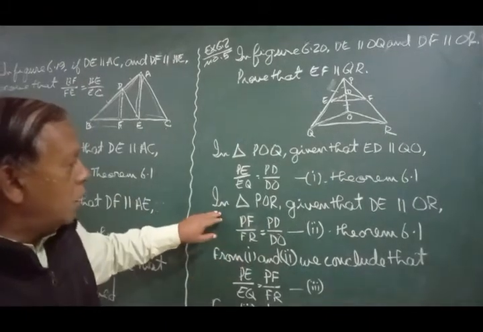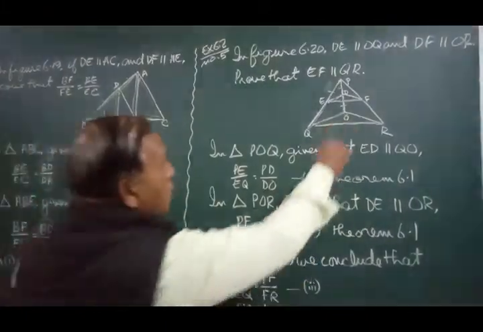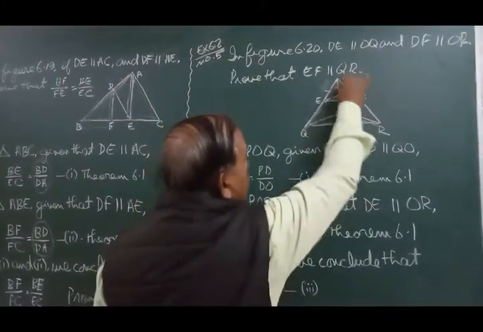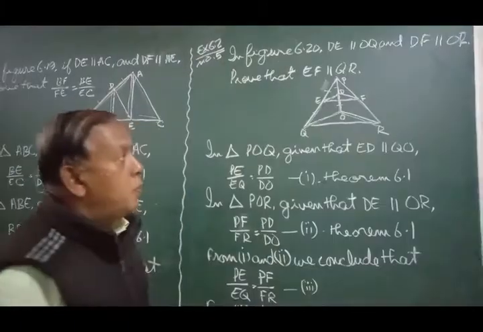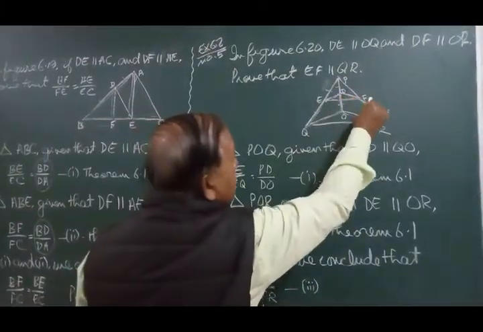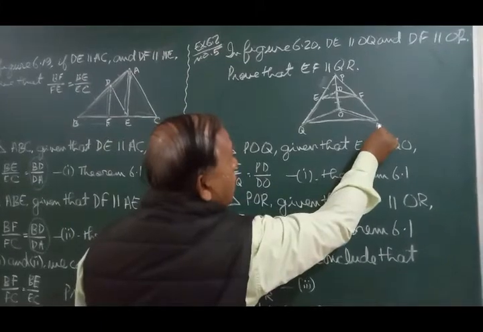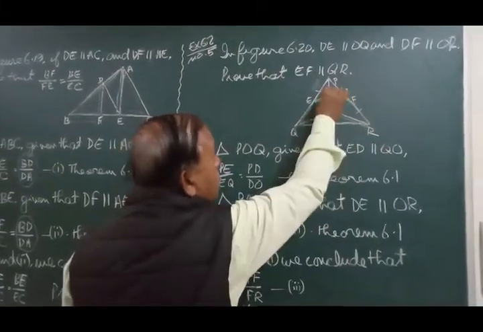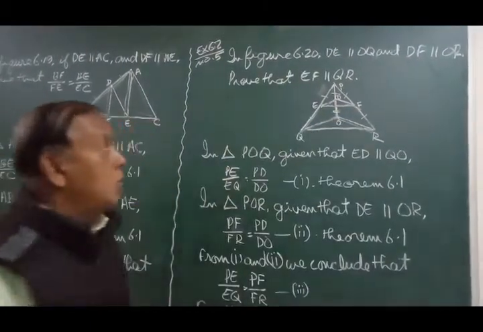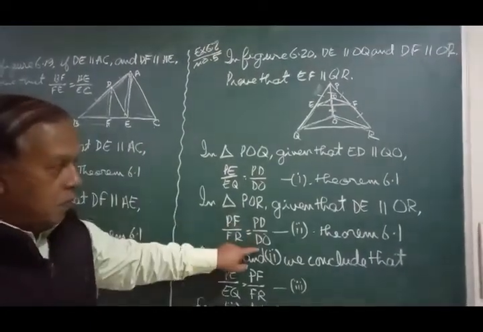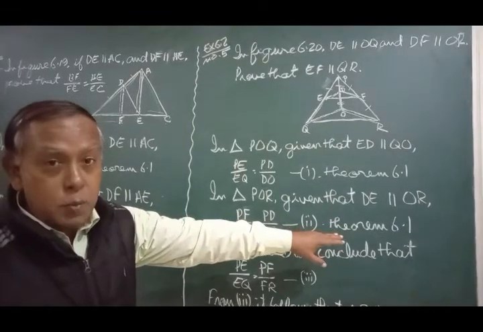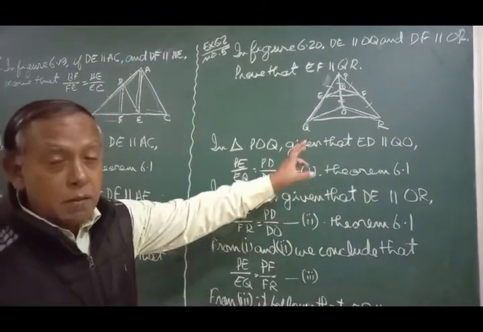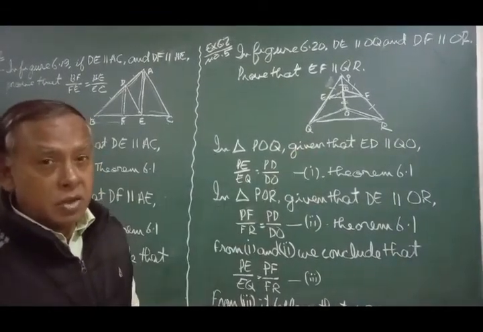And then we have now second, triangle POR, DF parallel OR, therefore PF upon FR is equal to PD upon DO. Again, according to theorem 6.1, lines are parallel, therefore the sides are in the same ratio.